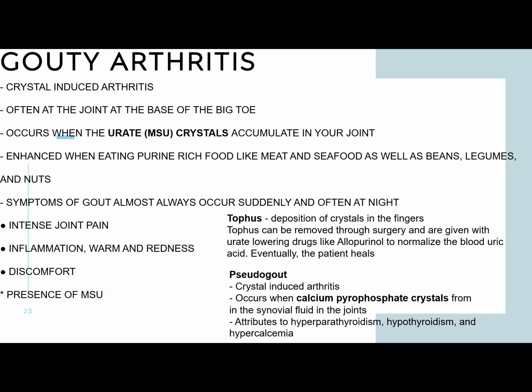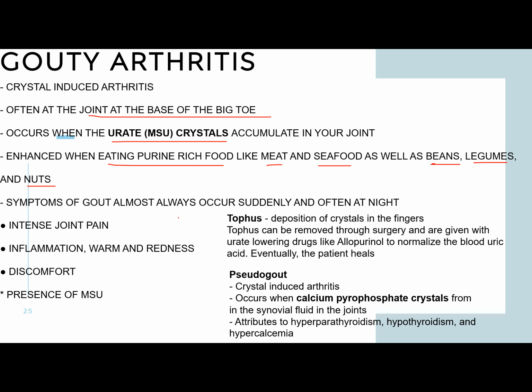Then we have your gouty arthritis. So the gouty, as mentioned, class, is caused by your increased uric acid. So this is often at the joint at the base of the big toe. Occurs when urate crystals accumulate in your joint. Enhanced when eating purine-rich food like meat and seafood, as well as beans, legumes, and nuts.